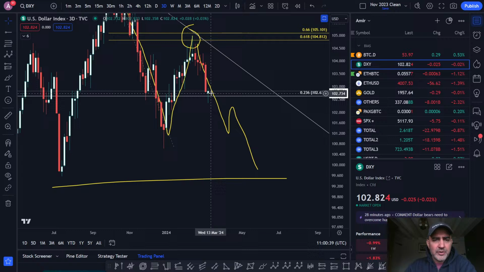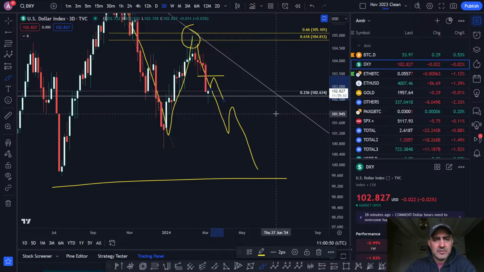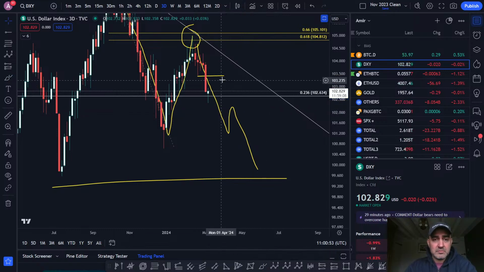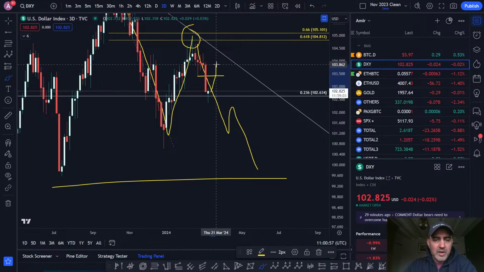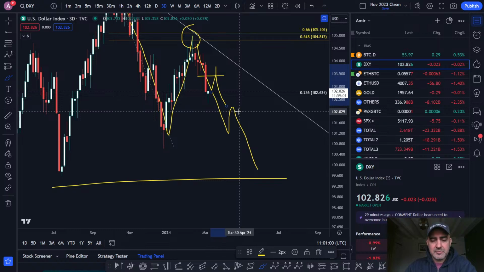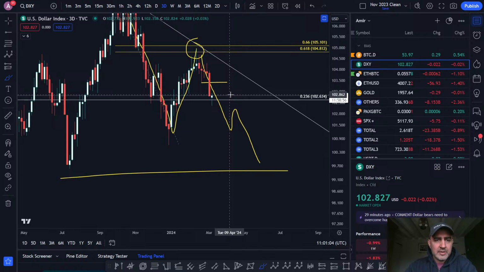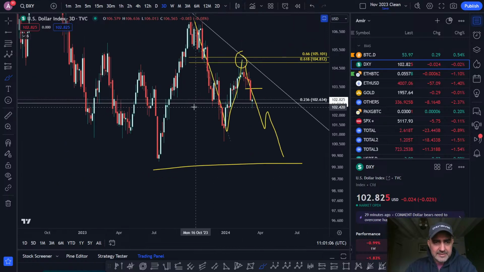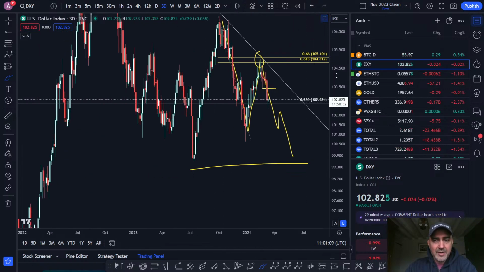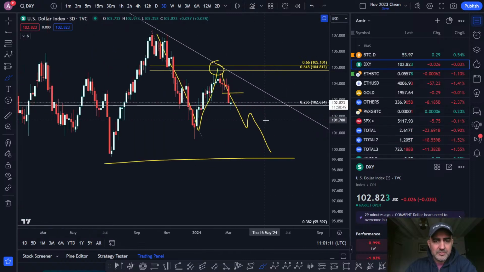And actually for Bitcoin to go up, we need the DXY to go down, but it's possible that the DXY goes up to go down. It's possible the DXY goes up all the way to go down. It's possible. That will have an impact on Bitcoin for sure. So we are kind of into this very high time frame support level.